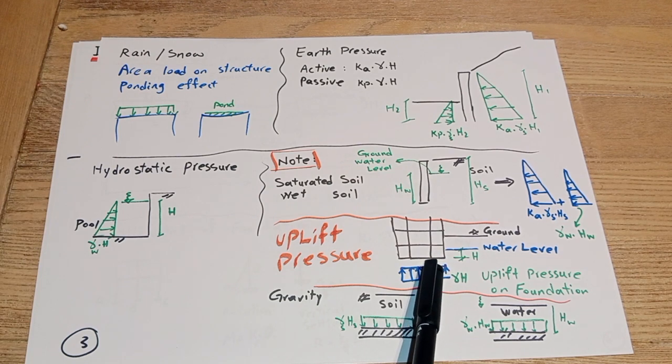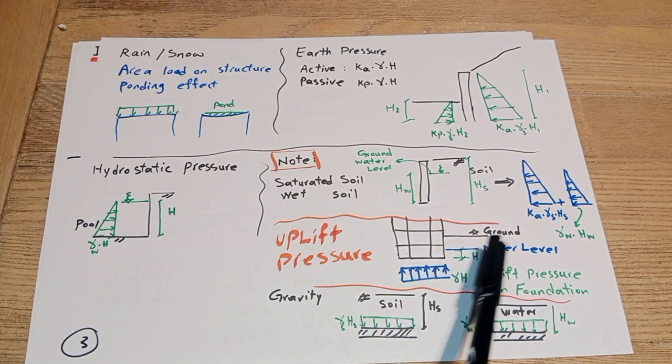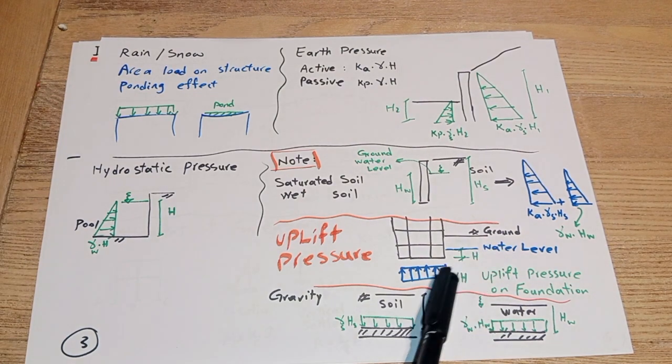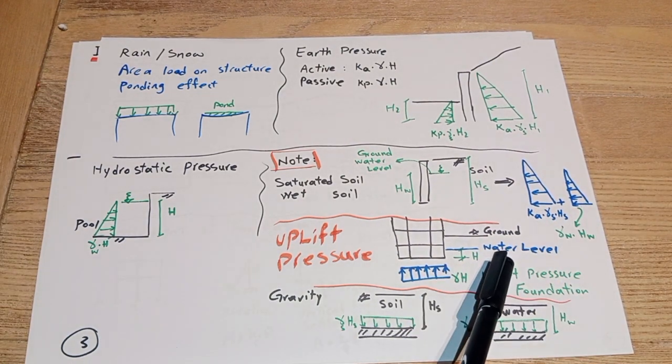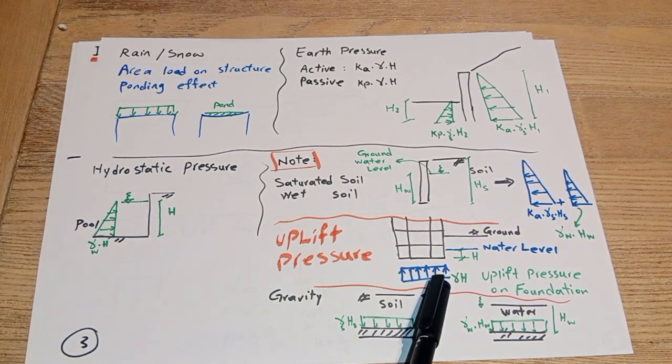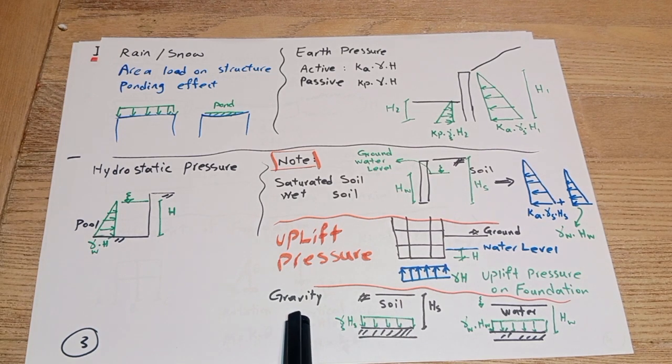It is sometimes very critical, especially when the building is near a river or creeks and water areas. We need to drain the water, or if we can't, we need to design for uplift pressure. And also for gravity, soil has active and passive lateral pressure, but it also has gravity pressure.